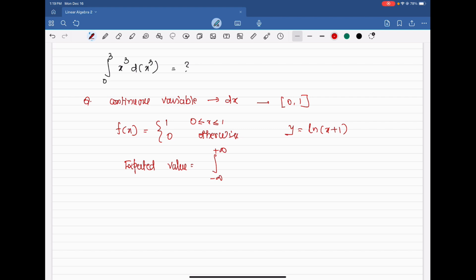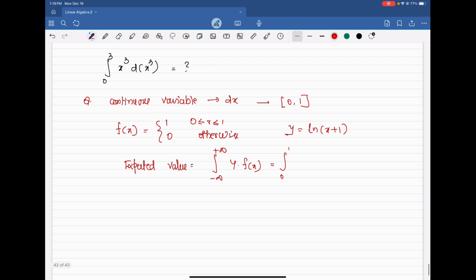For x greater than or equal to 0 and x less than or equal to 1, that is how the function is defined.